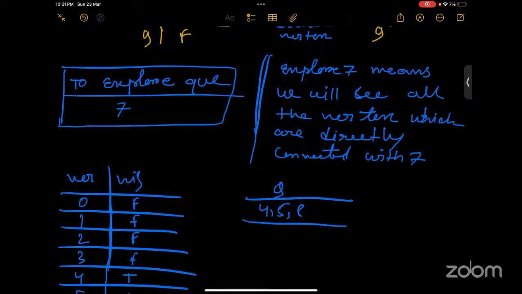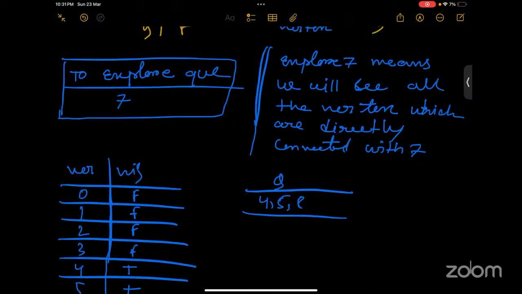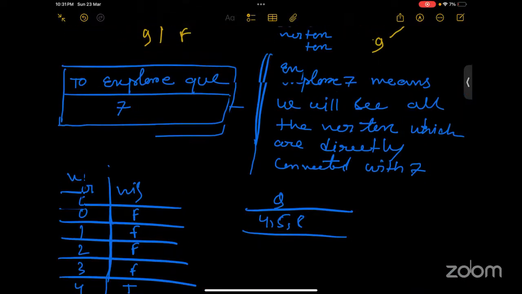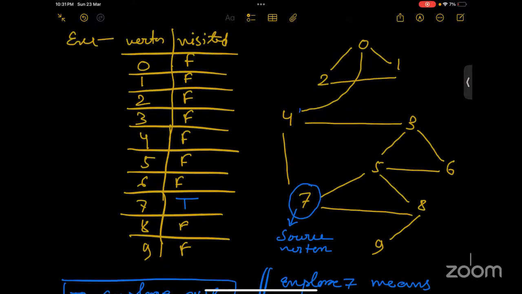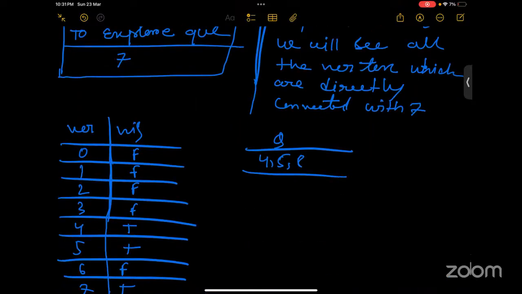Now we will start with 4. Now I'm at 4. Which vertices do we have to visit now? 3 and 0, right? So in the next step, we will write true for 3 and 0.